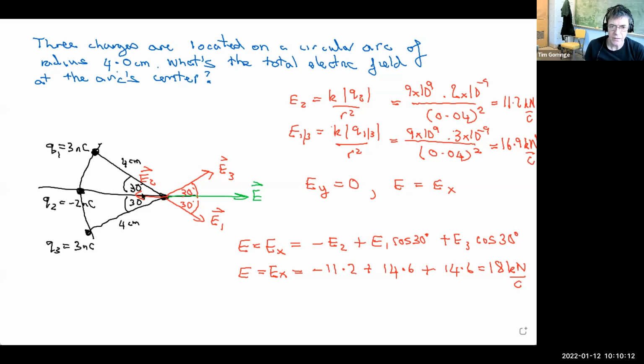We made this a relatively simple numerical calculation by recognizing the symmetry of the arrangements of charges. They were laid out on the arc of this circle, and in particular, Q1, Q3 were laid out symmetrically above and below the horizontal axis passing through the circle and the field point.